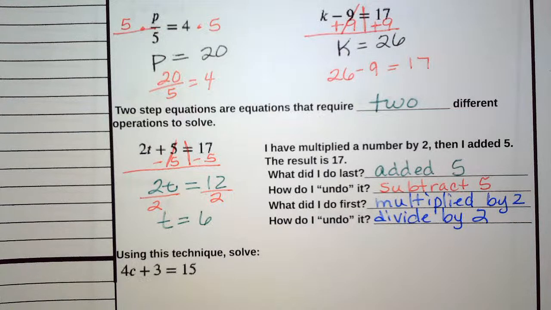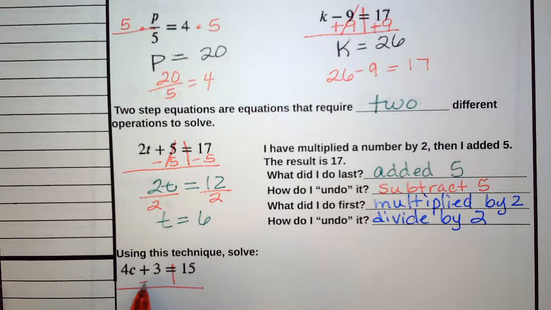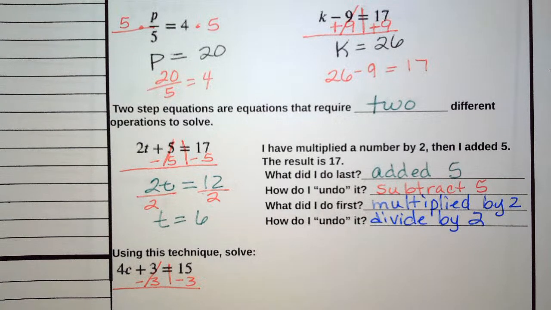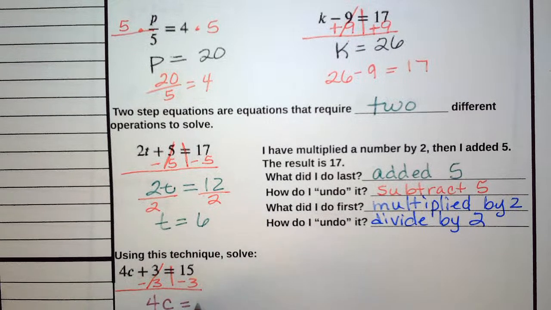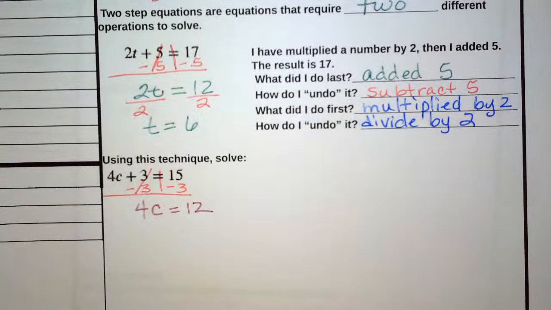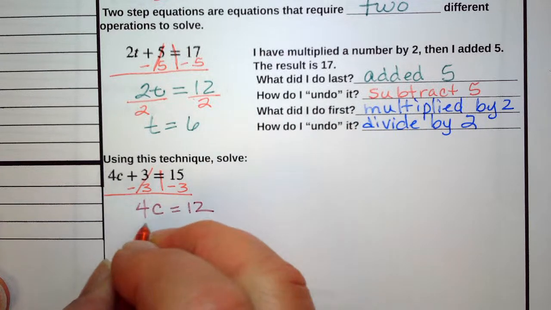I added 3, so what is the opposite? What undoes adding? Subtracting. Three plus negative 3 is 0. That leaves me with 4c is equal to 12. Now, 4c means I have multiplied. How do I undo multiplication?